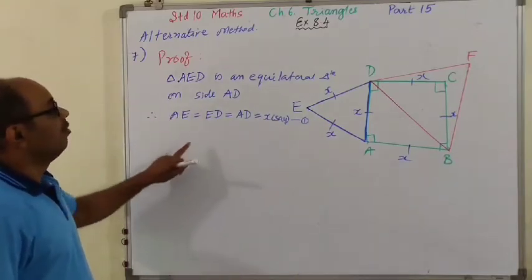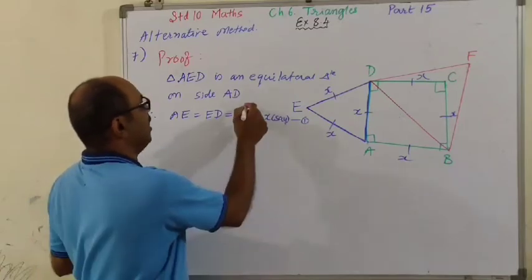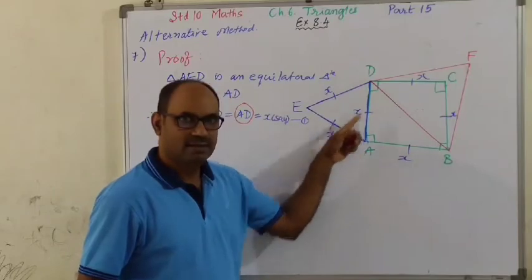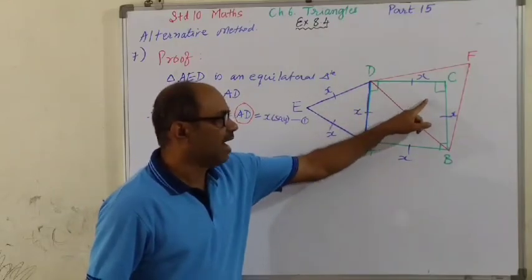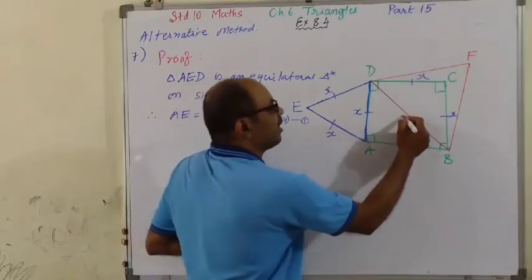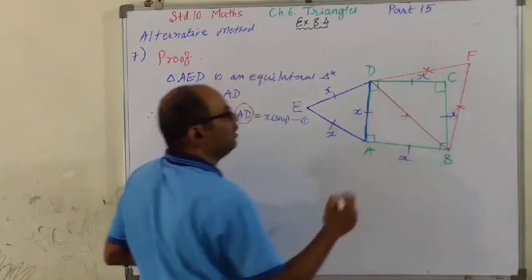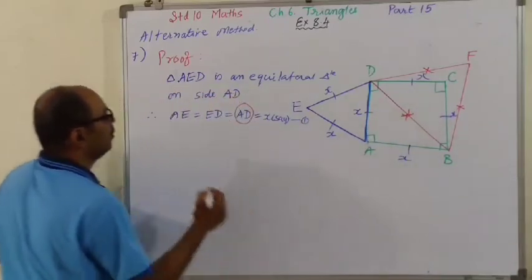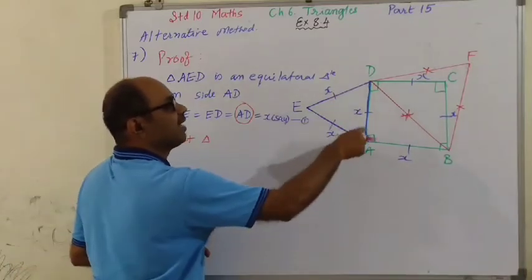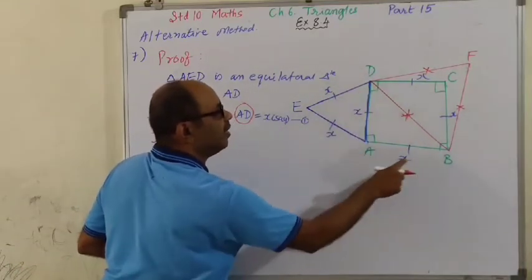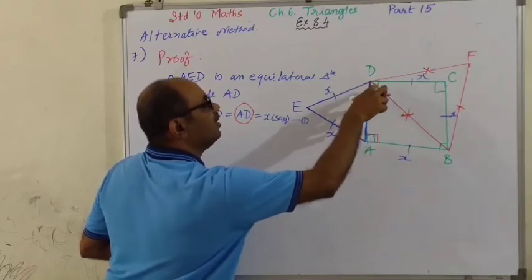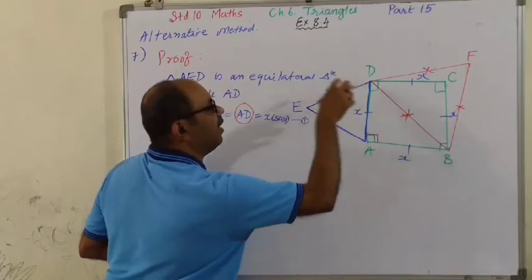Now, since we have AD, let's find out the diagonal. And this red triangle which is described on the diagonal is also equilateral. Now, in the right triangle, you know side AD is x. Let's find the diagonal, because the diagonal of the square is the hypotenuse of right triangle ABD.